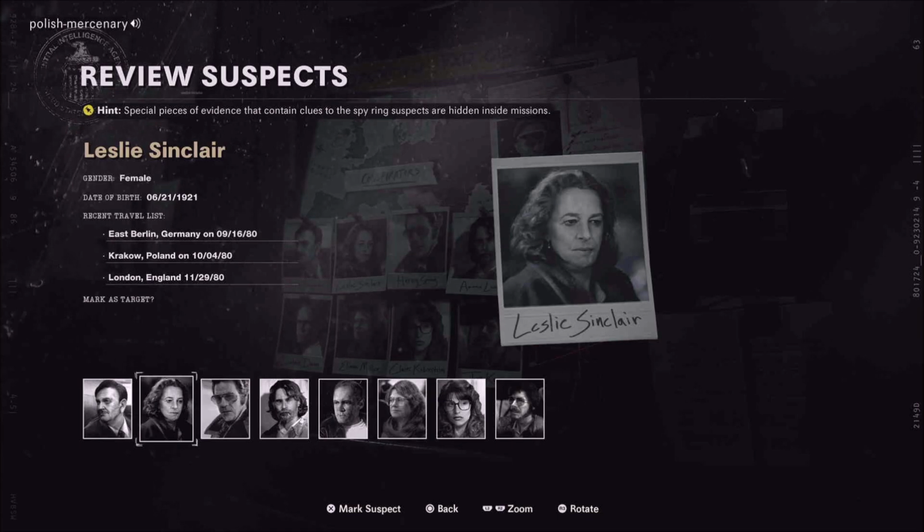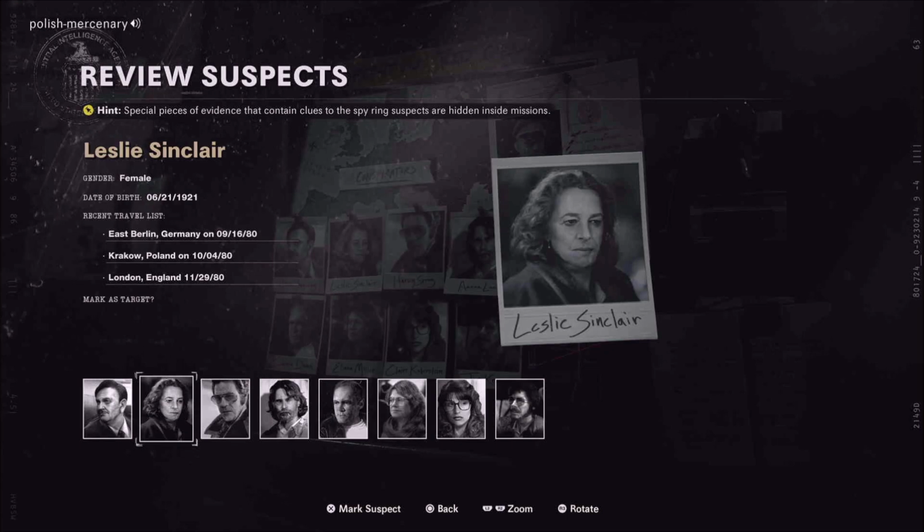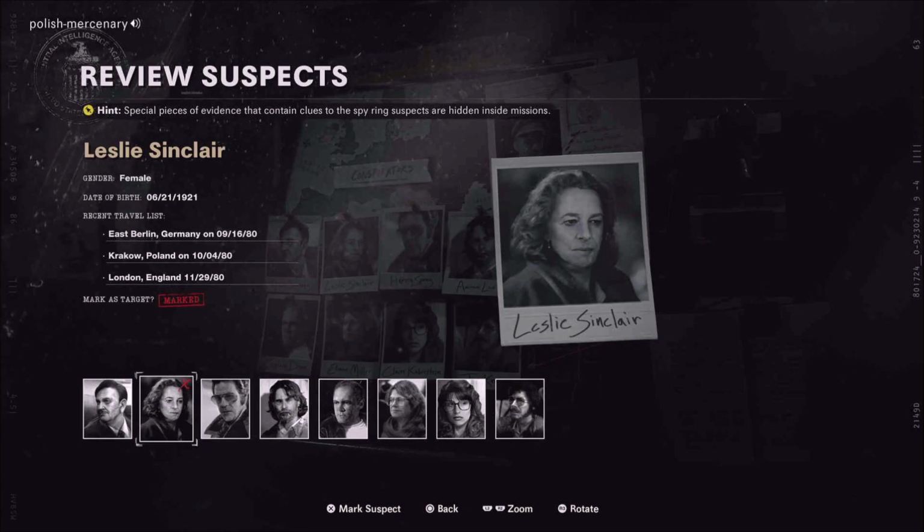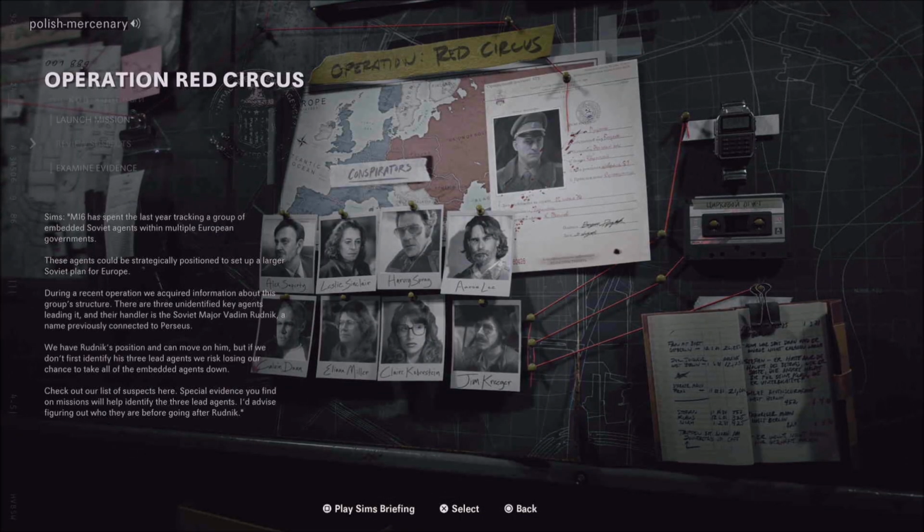So the correct answer right here is Leslie Sinclair, because she matches everything. Leslie Sinclair is a woman, she was in East Berlin on September 16th, 1980, and she was in Krakow, Poland on October 4th, 1980. That is the first suspect. Bearded Lady right here is Leslie Sinclair. Remember, this is going to be different for everyone else.